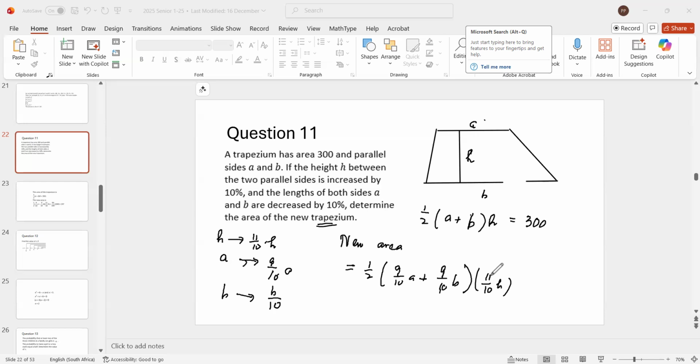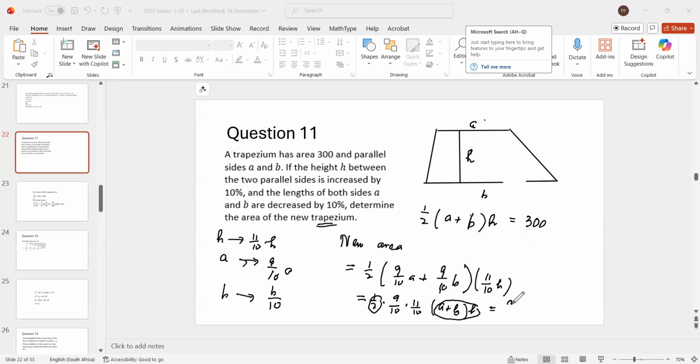So we need to calculate this. If you look at this, you'll see that 9/10 comes out as a common factor. Half 9/10, and let's put the 11 tenths as well here in front. And you have A plus B. I'm taking out 9 tenths from the brackets. I'll put the 11 tenths in the front. So this part here, half, together with A plus B, H, all that, is 300.